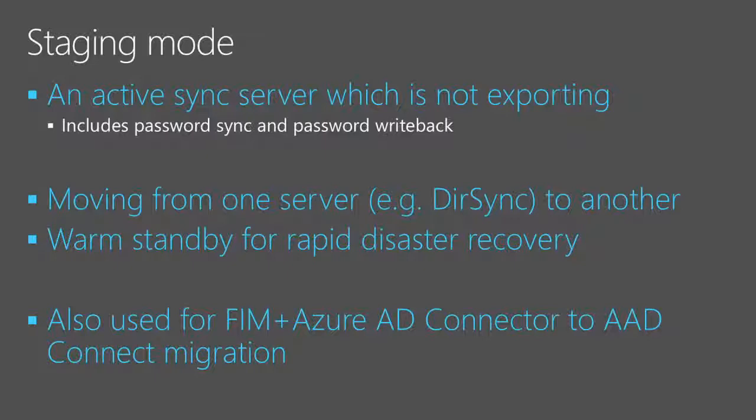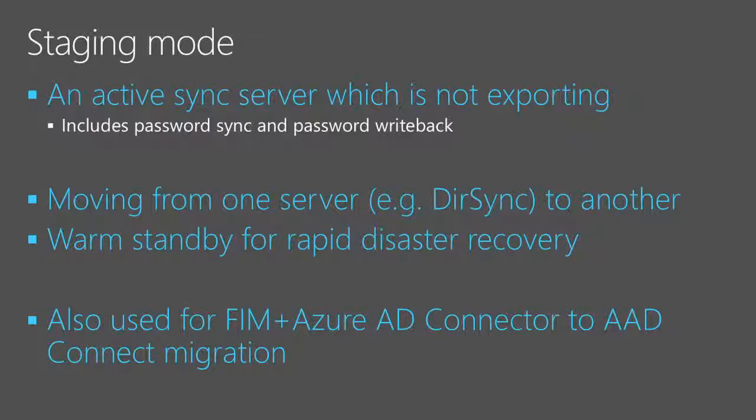I disable staging mode, and then that machine will take over to be the active one. And what's actually happening under the covers is we make sure we don't run exports, we don't do password synchronization, we don't do password writeback, even though these have been configured. So we make sure it's only one machine that is actively exporting to Azure Active Directory at a time. We didn't have this with DirSync, we didn't have this with AD Sync, but we're adding that as a supported option with AD Connect.